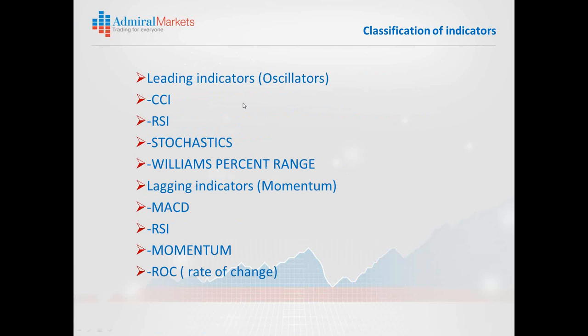So now here are leading indicators called oscillators and lagging indicators called momentum indicators. So this is leading versus lagging, right? Now, what is a leading indicator? A leading indicator is an indicator that gives you a signal before the new trend or reversal or retracement occurs.